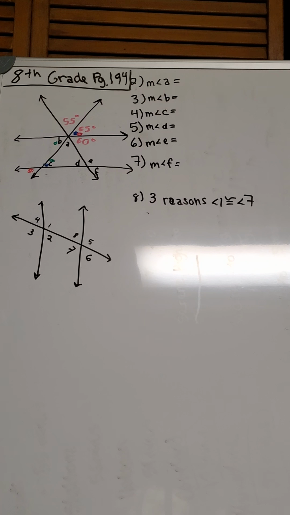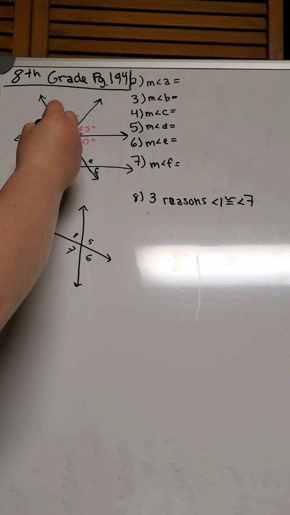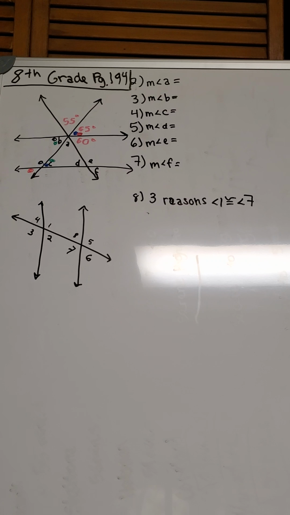The last type of angles, and this is the only one where they're not congruent to each other, is same side interior angles, or consecutive interior angles. This is like angle B right here and this angle right here. Those are consecutive interior angles.